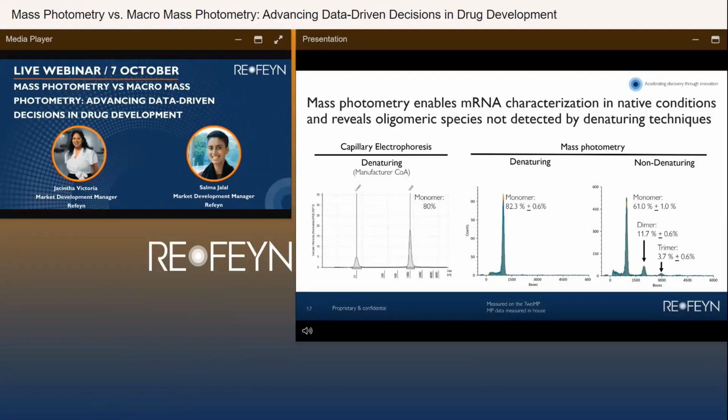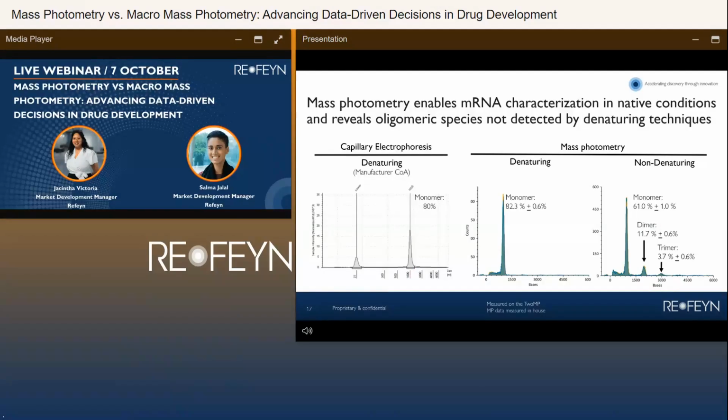In this example, we have a commercially available EGFP mRNA that was measured by mass photometry in native conditions and in denaturing conditions. You can see on the left in the denaturing conditions, the purity that was measured of around 80% agrees well with the purity provided by the manufacturer in the certificate of analysis from capillary electrophoresis data.